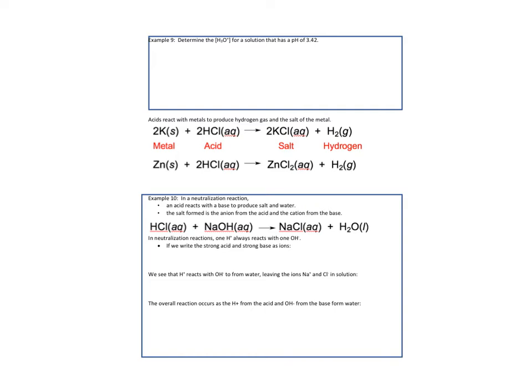Okay, so let's try one. All right, we're going to determine the H3O plus for a solution that has a pH of 3.42. So again, remember to determine the concentration of the H3O plus, we're going to do 10 to the negative 3.42.